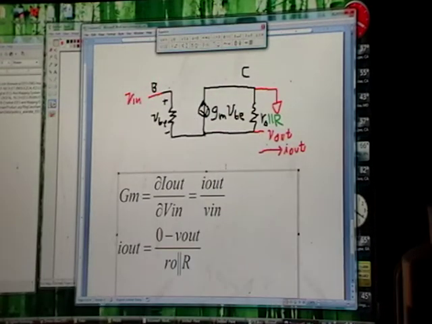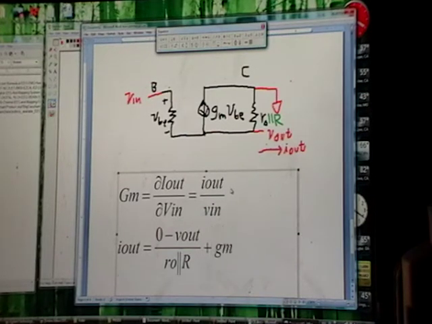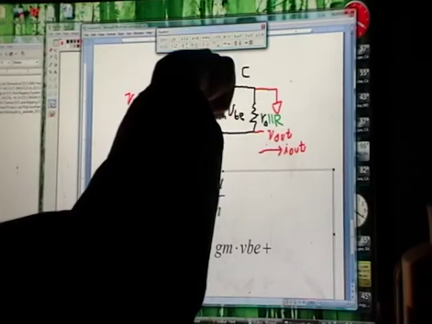The current coming down that branch is nice because it's already written out. It's GM VBE. Plus, so that's the current going down this branch.